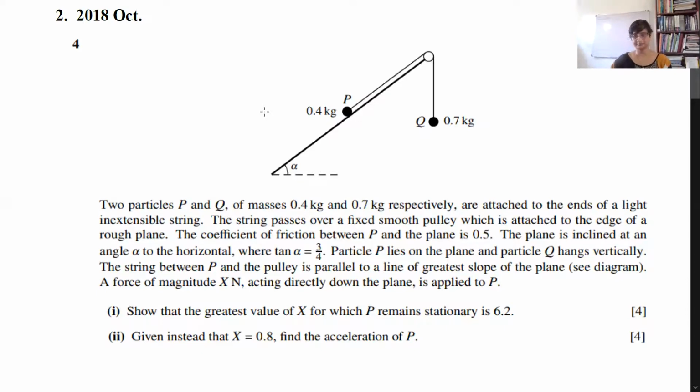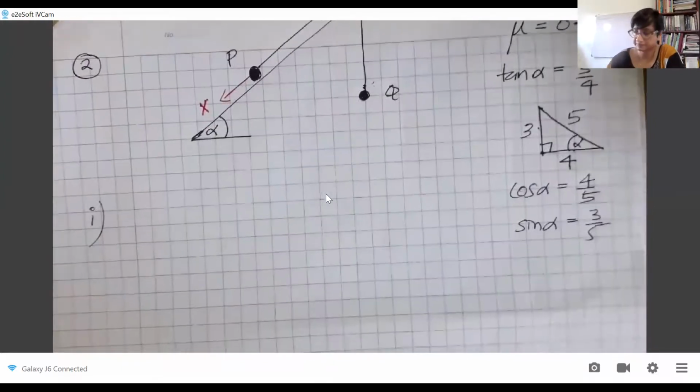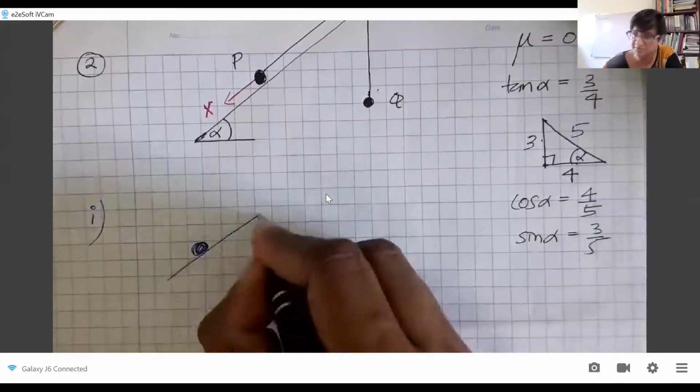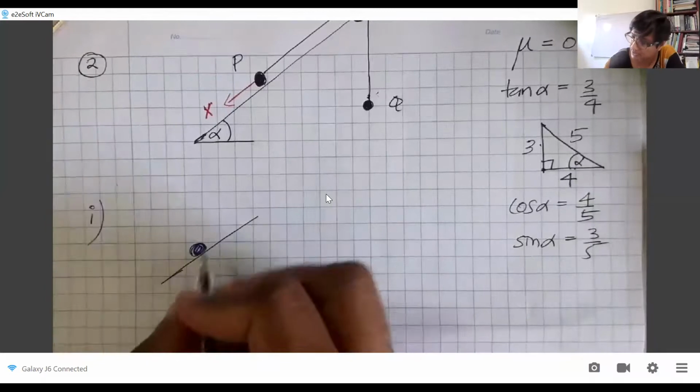That's it. Part 1. Can you draw a diagram for part 1? Only draw forces acting on P. We want the greatest value. Okay. Here's P on the slope. I'm just drawing P. Here are the forces.